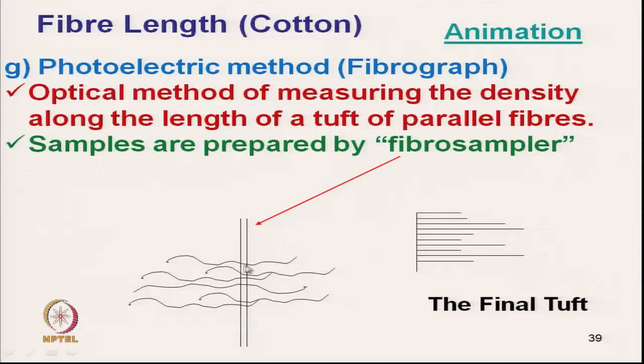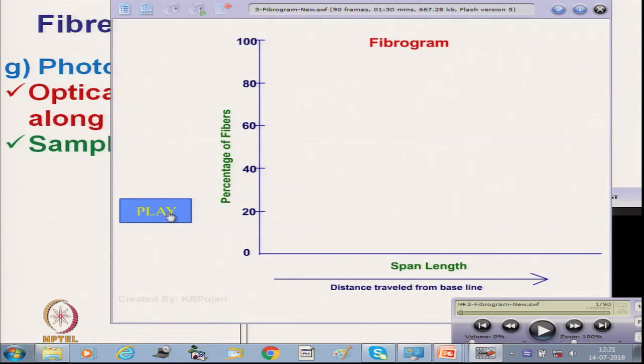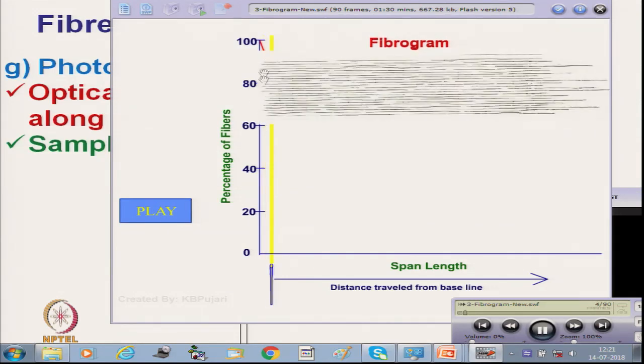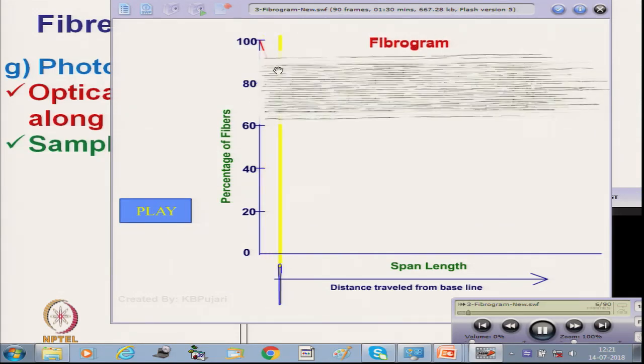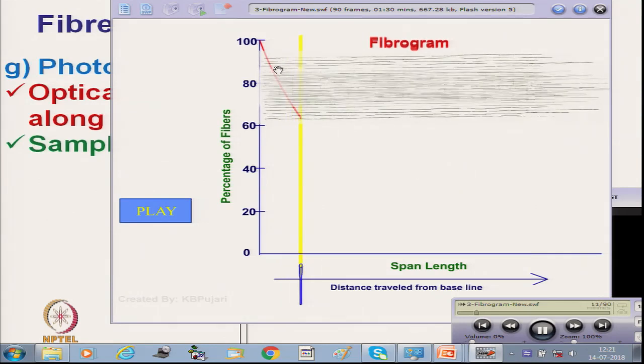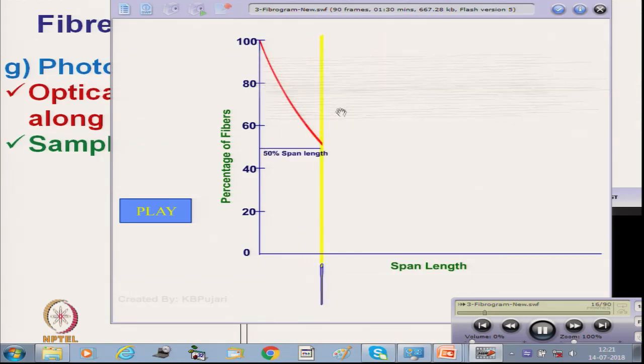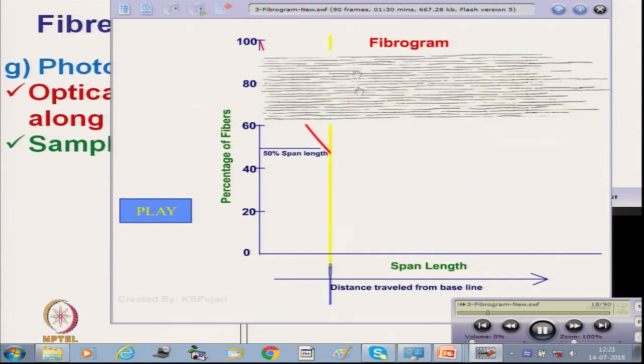As explained, the final tuft is in loop form. We can see once again this animation, which is the principle of the fibrograph. This is the clamp and the scanning process is going on with a light source, and it sorts the number of fibers depending on the density of fiber.